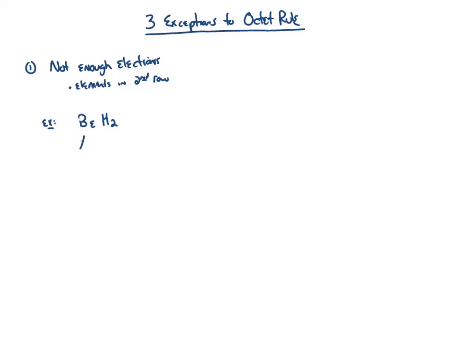Notice that Be has 2 valence electrons, and each hydrogen has 1 valence electron, so there's a total of 4 electrons. Now, what are the chances you can fulfill the octet rule, which, remember, octet means 8, with 4 electrons? You can't. So if you're drawing the Lewis structure, you just have to draw something like that. You can't have any more electrons. It can't obey the octet rule. There's just too few electrons.